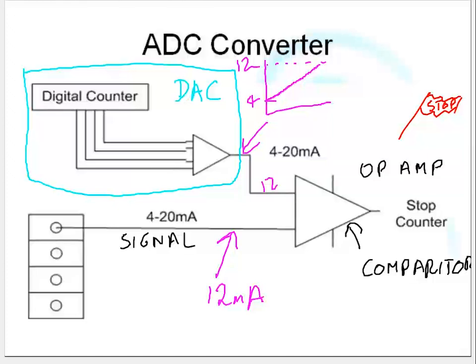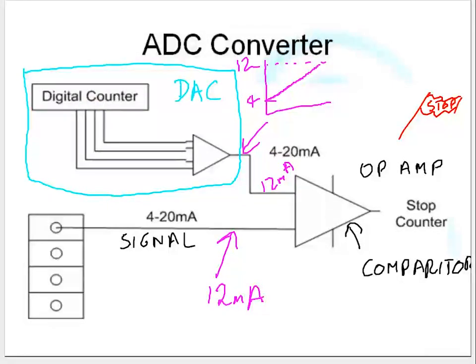Now, when we've got 12 milliamps here, and 12 milliamps on the bottom, the op-amp says stop. And as soon as the counter stops, whatever happens to be in the counter is taken as the signal through.